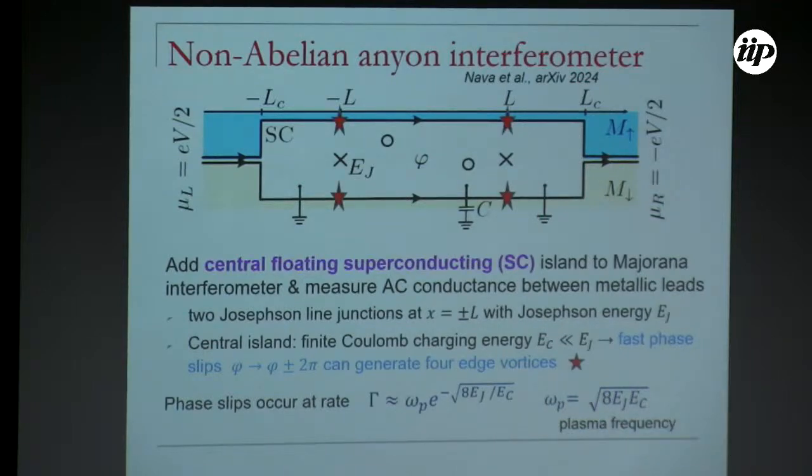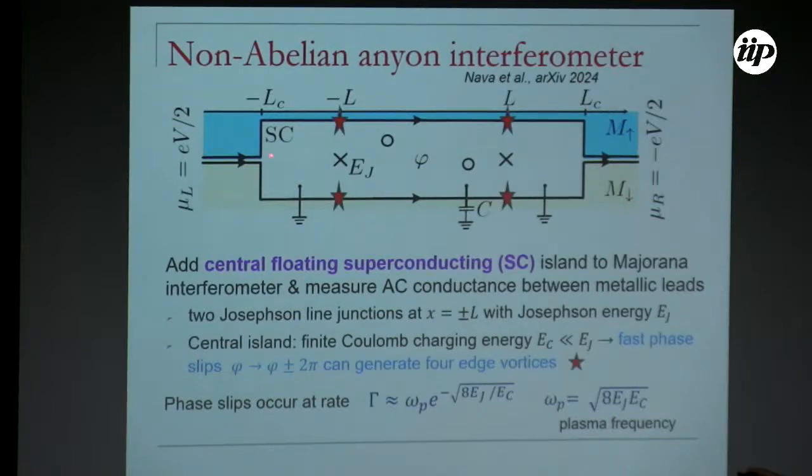The novelty now is to add a central island. One cannot see this very well. So here should be a line junction. And here should be a Josephson junction, a line junction that defines here a central floating superconducting island. So everything is again on top of a topological insulator. Underneath the superconductor, you have a topological superconductor. Underneath the magnets, you have quantum anomalous Hall insulators.